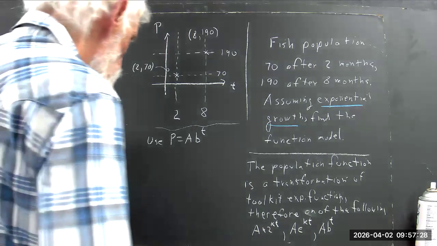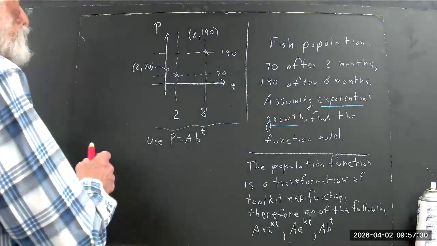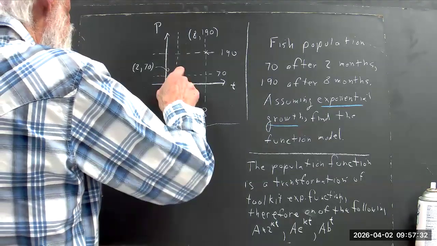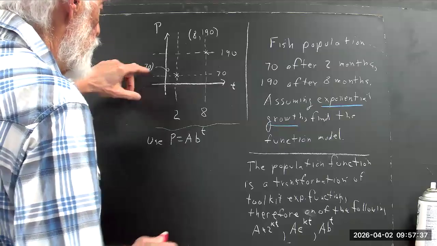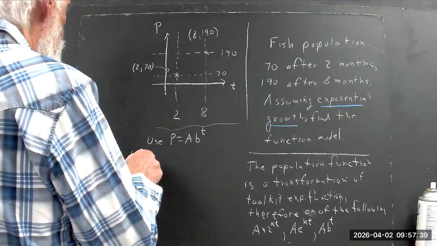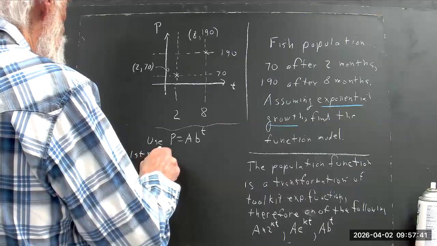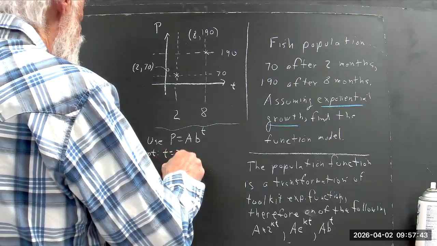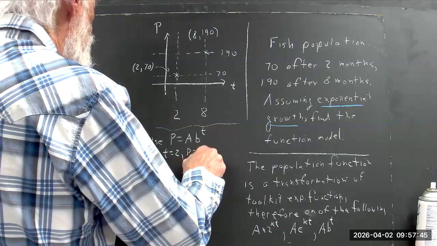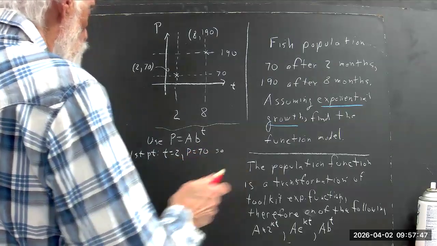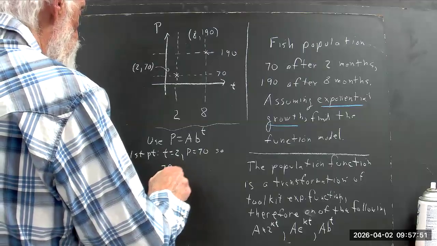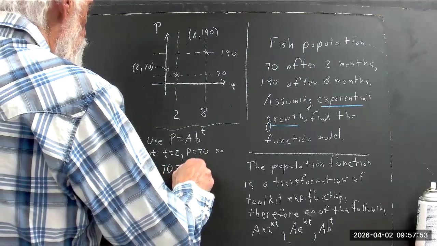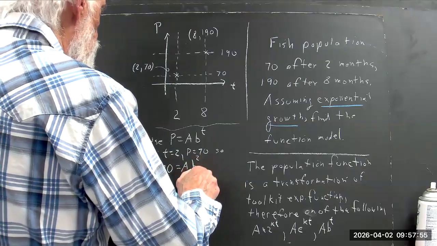Okay, hopefully you paused and done that. The first point has t coordinate 2 and p coordinate 70. Well, if we put those numbers into the equation, we get 70 equals a times b to the 2nd power.